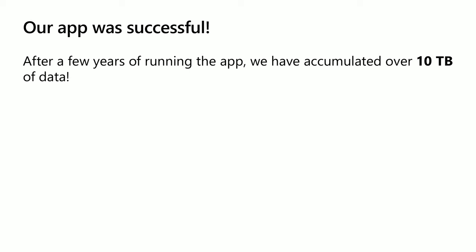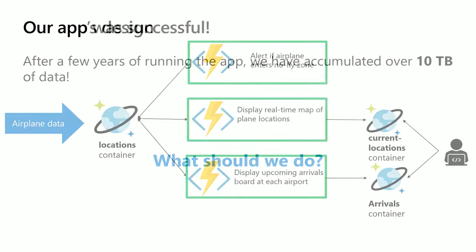We've ingested a lot of data into the locations container, and we just left it there. Our airline is required to keep plane locations past history for an infinite amount of time, so we can never delete this data. So the development team decided to keep it all in that same Cosmos DB container, and after a couple years, it grew to 10 terabytes. What should we do? Any ideas?